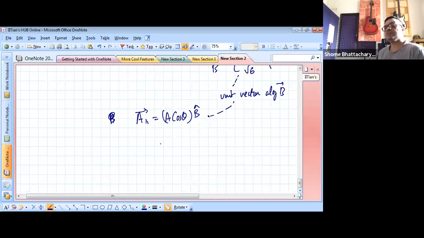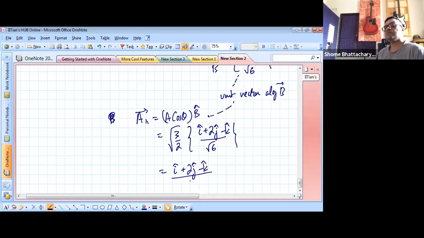So A cos theta we just seen was root 3 by 2, and now we are seeing I cap plus 2j cap minus k cap by root 6. Okay. So this will become I cap plus 2j cap minus k cap whole by 2.